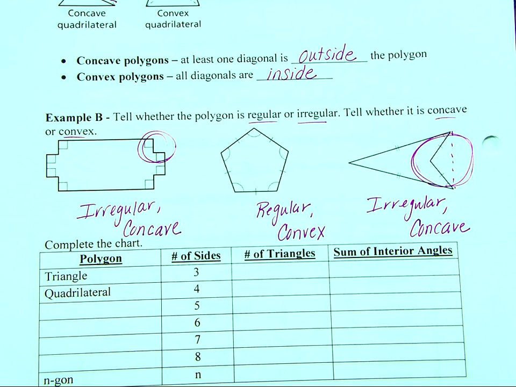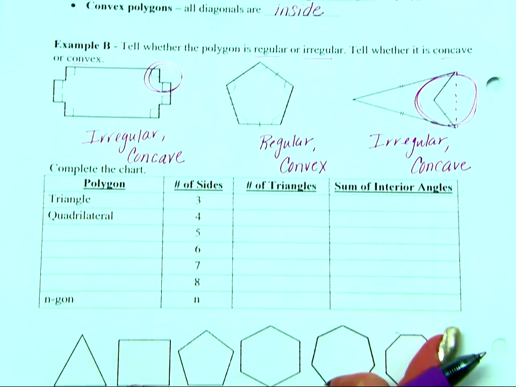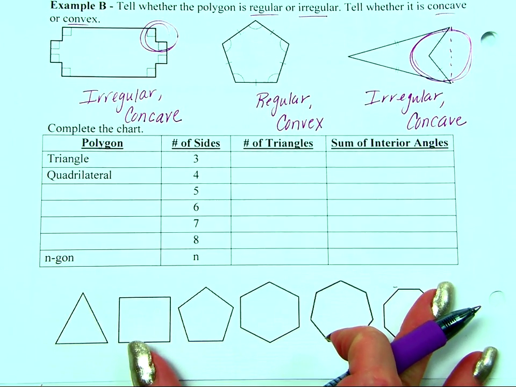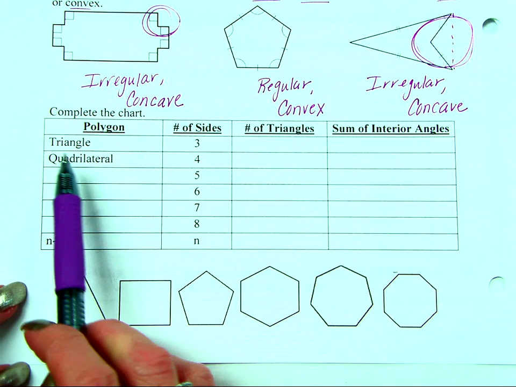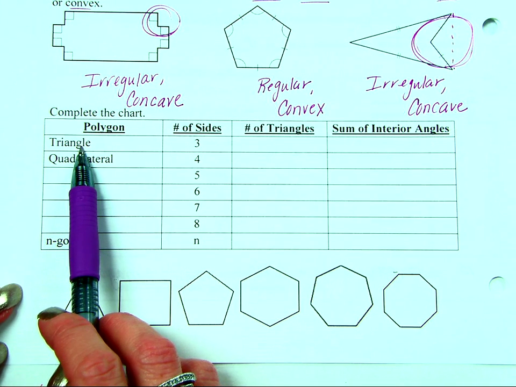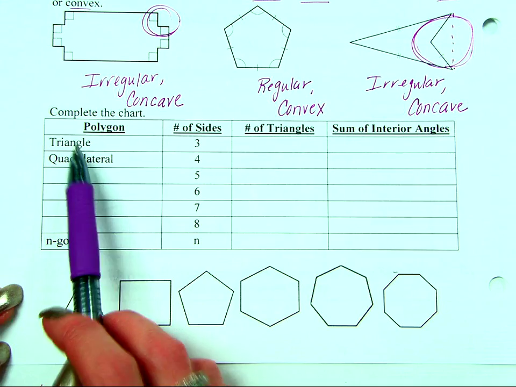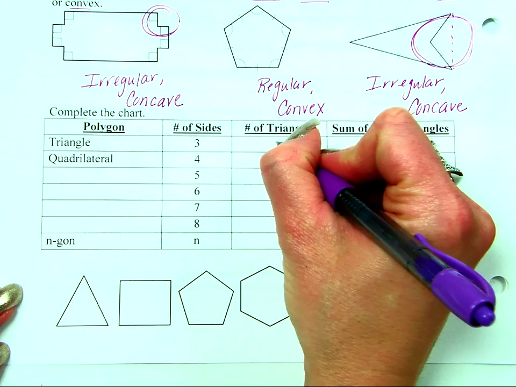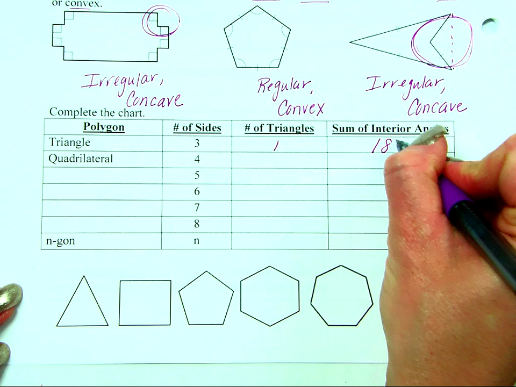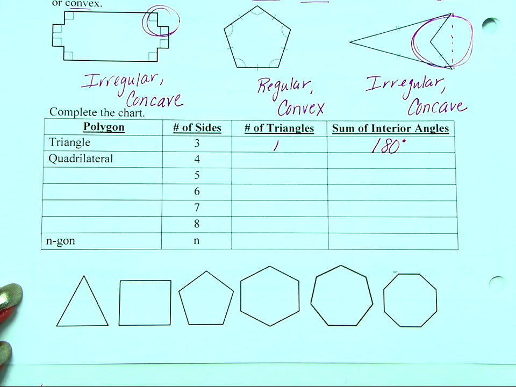Now we're going to talk about the angles of our polygons. We spent a lot of time in semester 1 talking about triangles. I know that if I take all of the angles of my triangle, they are going to add to 180 degrees. So for one triangle, all of the interior angles have a sum of 180 degrees. What about a quadrilateral?